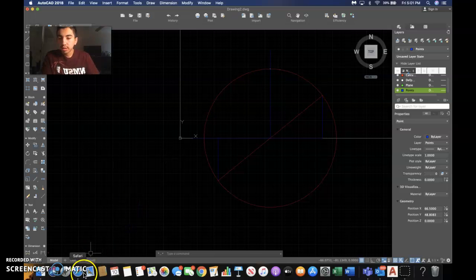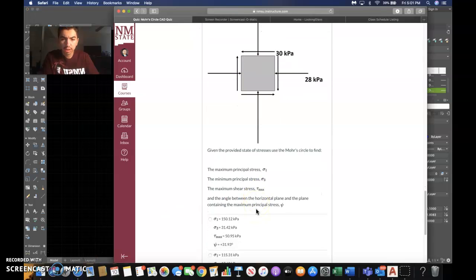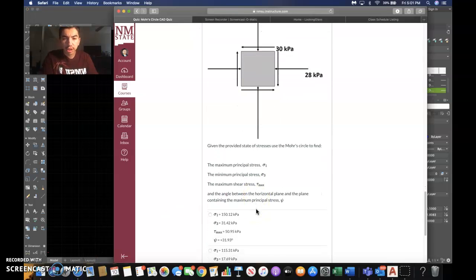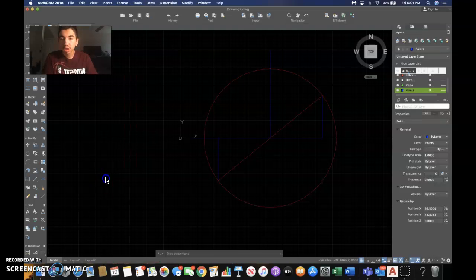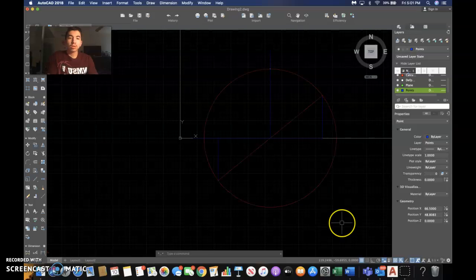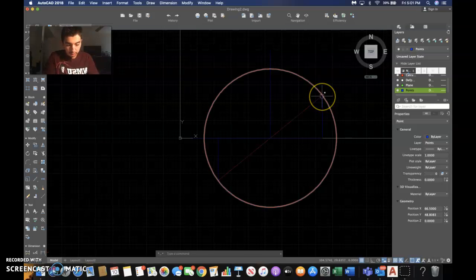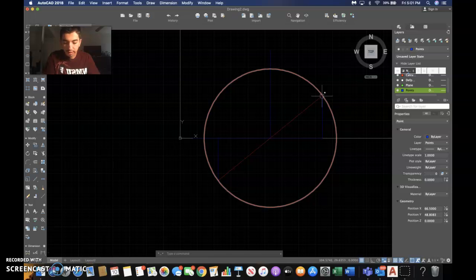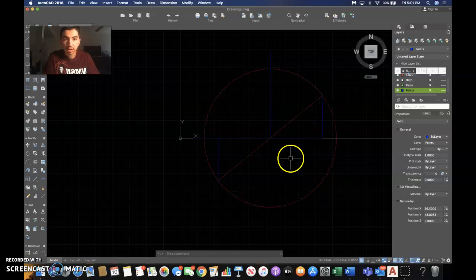Okay, now the last question is the angle between the horizontal plane and the plane containing the maximum principal stress. Okay, so to do that, this point right here is the 105 and 30, and that's acting on the horizontal plane. So I'm going to draw a line that's horizontal from that point.